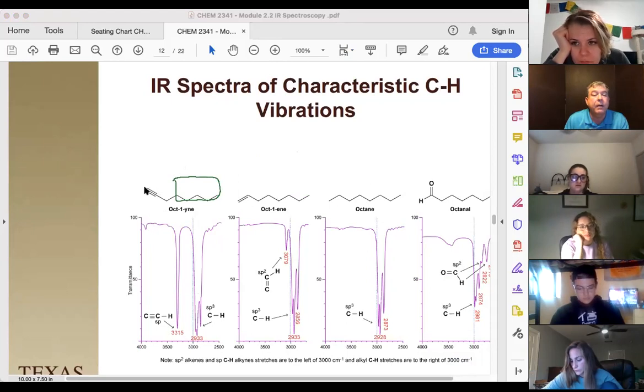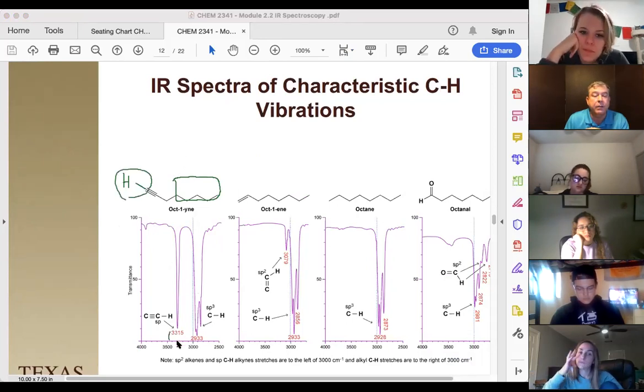But now we also have this hydrogen right here at the alkyne peak. This hydrogen at the alkyne peak is different than all the other ones, so it shows up here at 3300. And it's because of that shorter bond length and that stronger bond, so it's higher frequency. All the other CHs show up just below 3000.